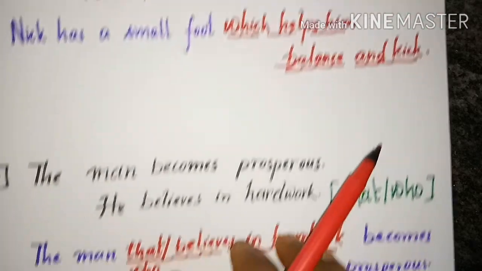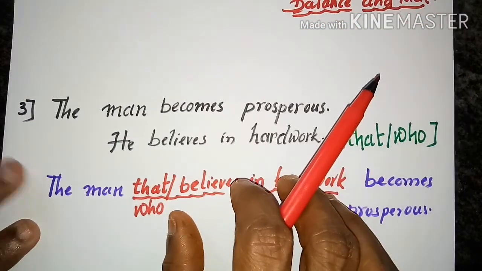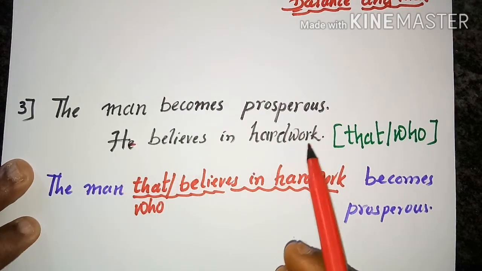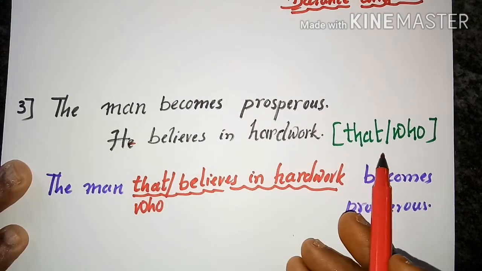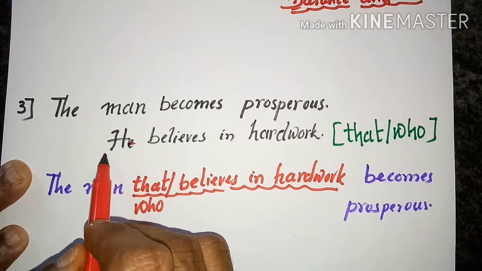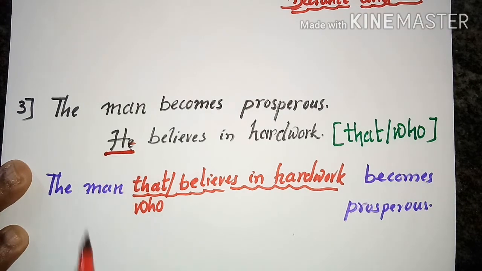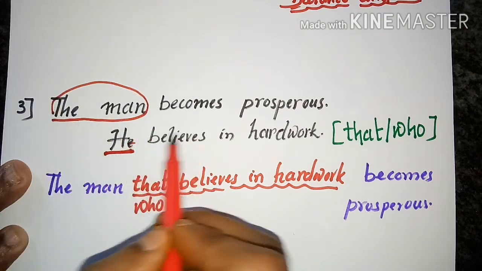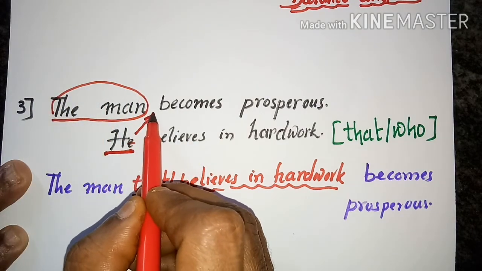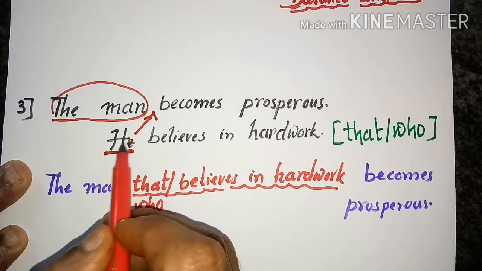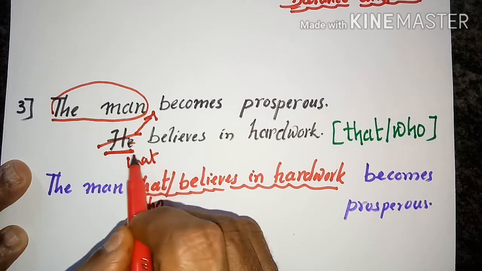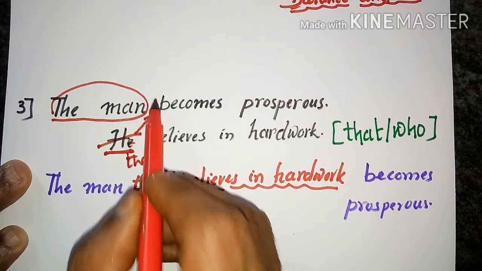Now coming to the third example. The man becomes prosperous. He believes in hard work. Combine using that or who. Here take the pronoun. He refers to the man here. Now we have to write this sentence in this place. So remove the pronoun here and write that here and insert the sentence in this place.